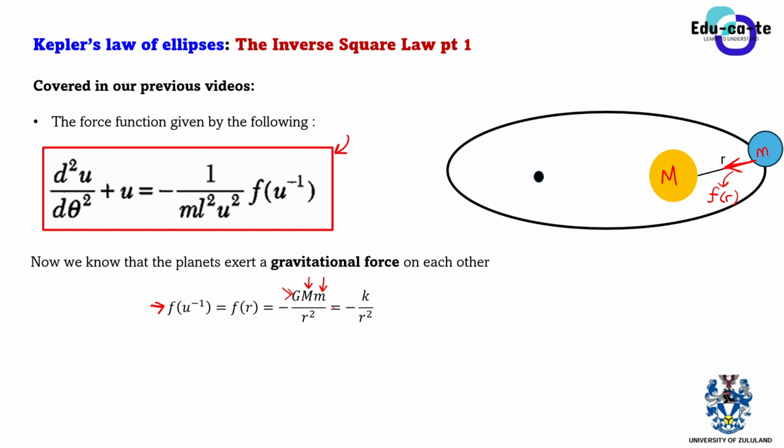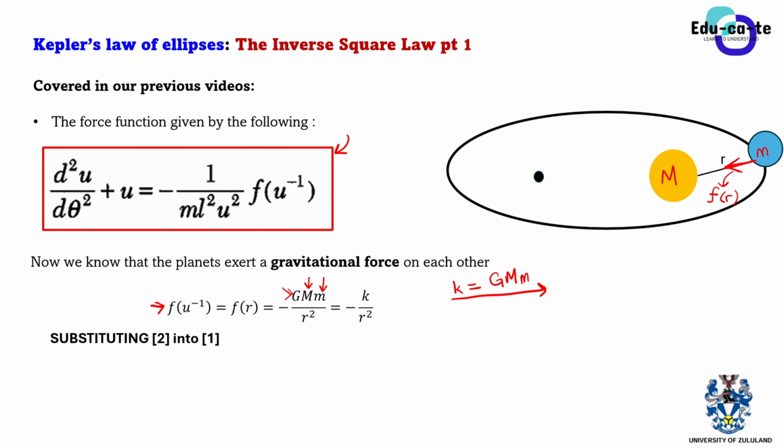So we can make a new constant k, which is equal to G times capital M times small m. This k represents these three constants: G, capital M and small m. And then this is over r squared.